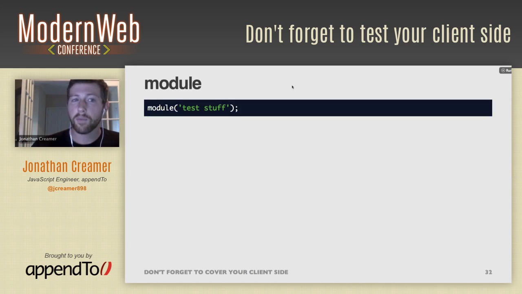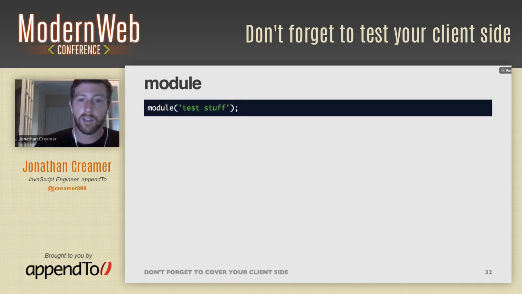The first step to writing tests in QUnit is modules. You don't have to have them, but I recommend it because it allows you to break up your tests into different modules. The way it works is you'll say module and then give the module a name, and every test that you run after this module falls into that module. The next time you need a new module, you just put in module again, right?